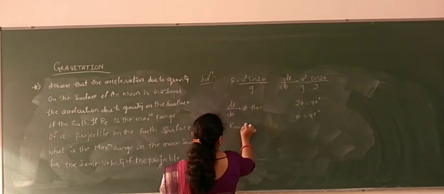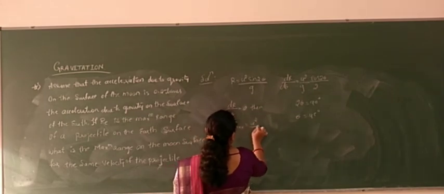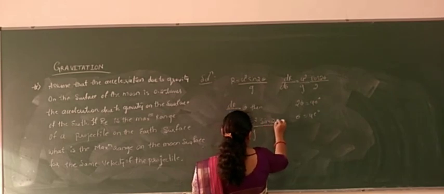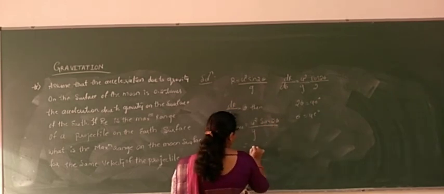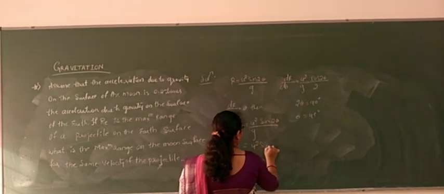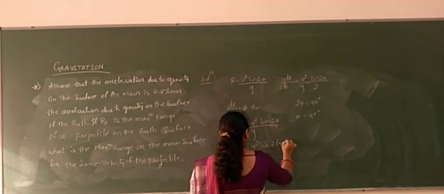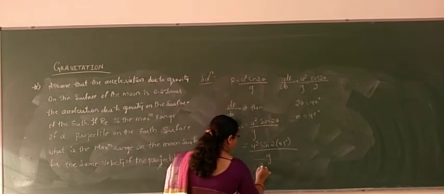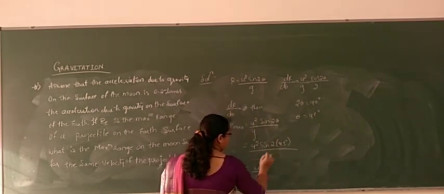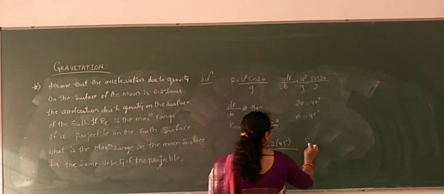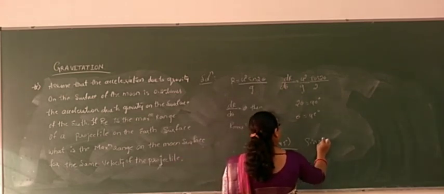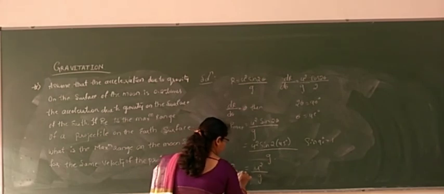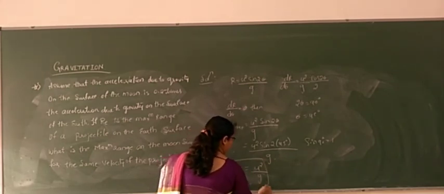R maximum is u square by g sin 2 theta, that is sin 90 degrees, and sin 90 degrees is equal to 1. So R maximum will be u square by g.